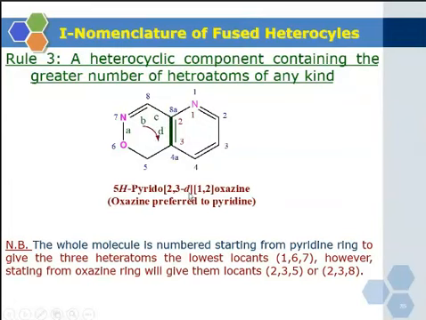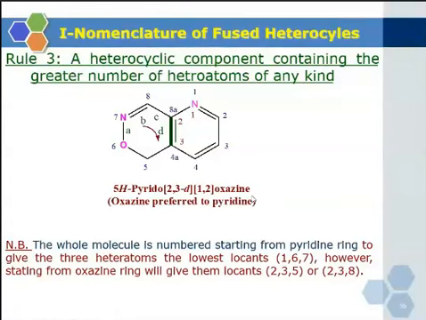Here we can see it is oxazine. Okay, and the surface along which the substituent is attached is position number 2, 3. Hence 2,3-d is placed within the square bracket. Here the pyrido ring is fused with oxazine.